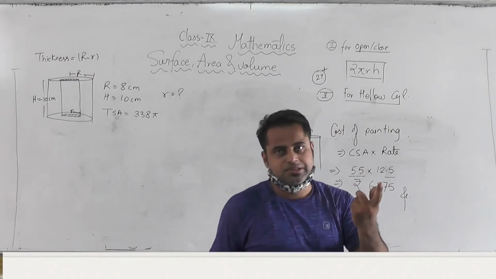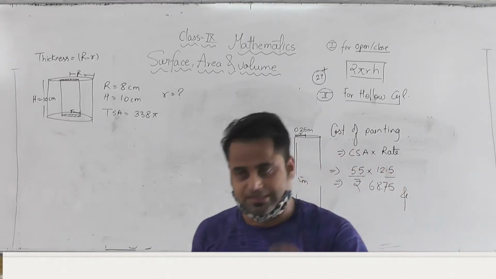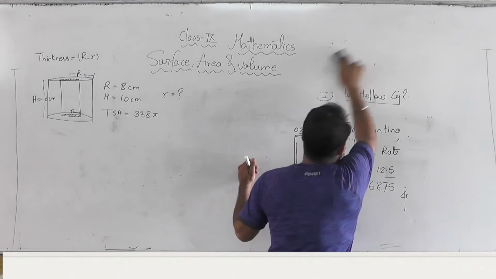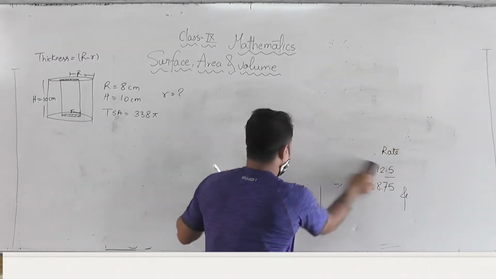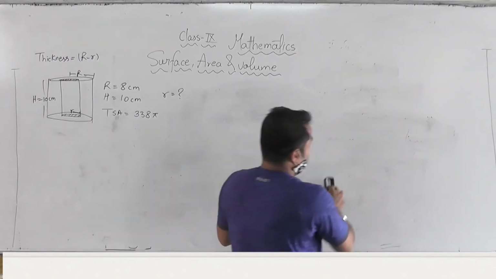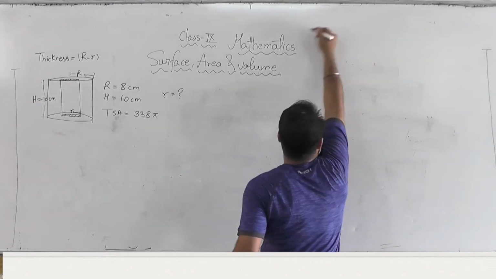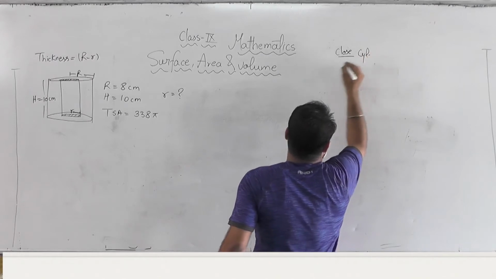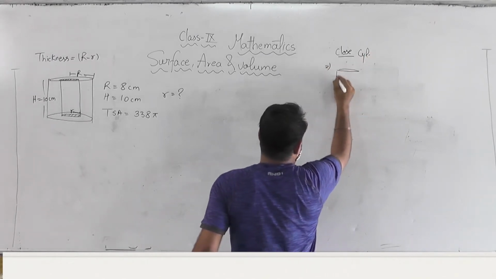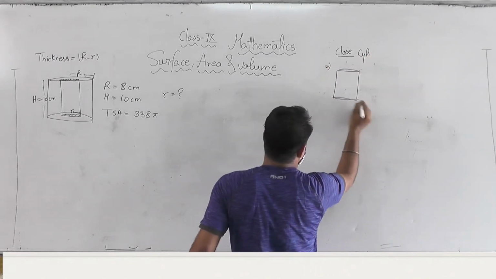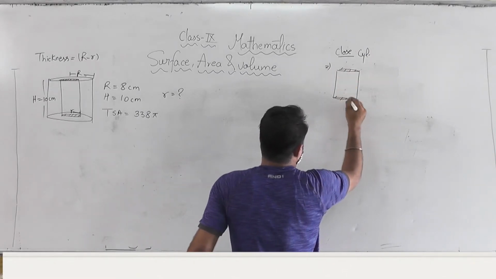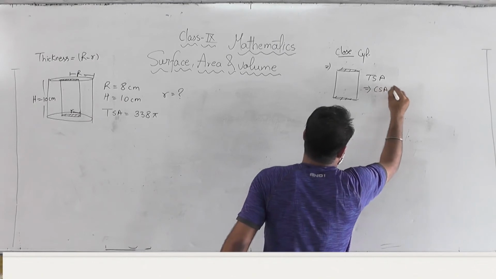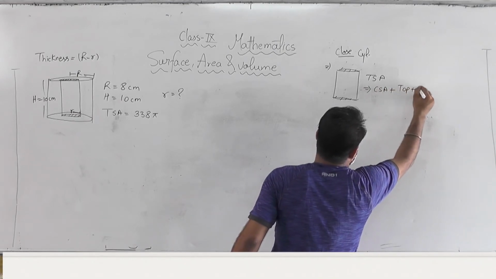Now we will see how to find the TSA. It is very important to discuss TSA now because we took a definition about TSA. Now see, if there is an open or closed cylinder, we talk about the closed cylinder, because in an open cylinder there is no top and bottom. So how do we determine the TSA of a closed cylinder? See, TSA is determined by the CSA plus top and bottom.